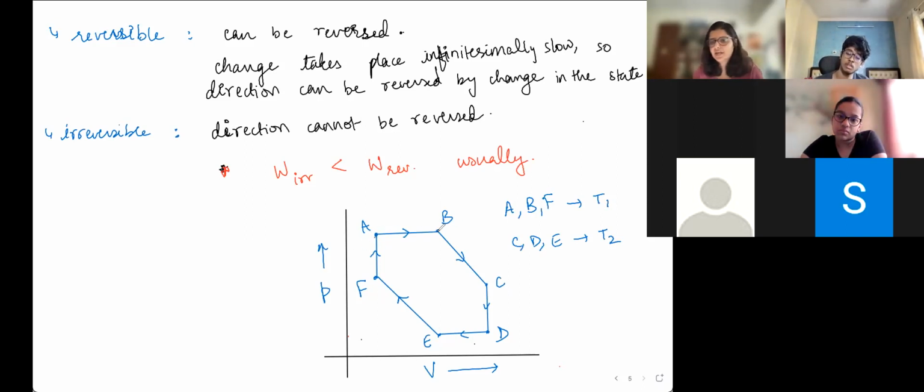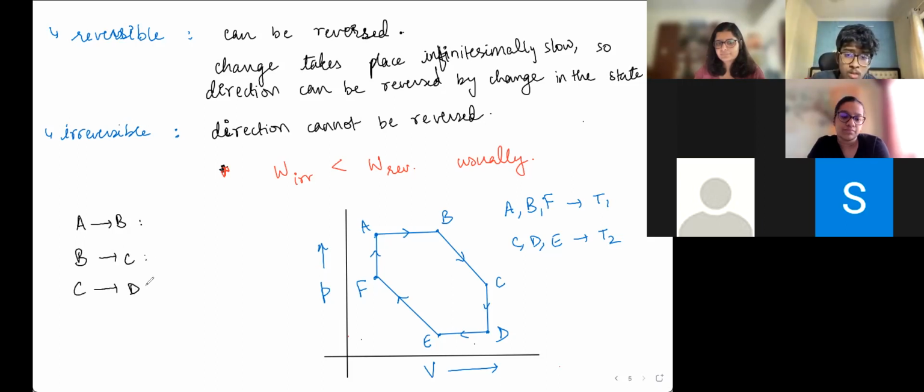Like A to B, what process is it, B to C, what type of process, C to D, what is the type of process? You need to identify the type of process. Have you written that as density or pressure? Pressure, P for pressure. So are you talking about if it is reversible or not?